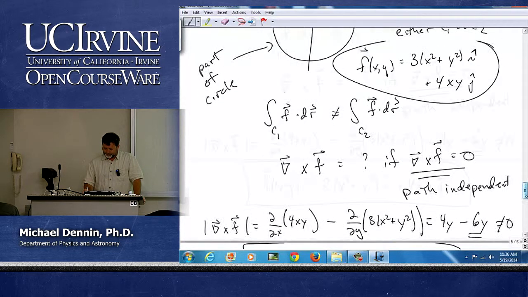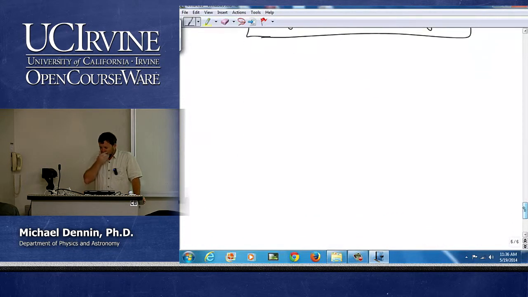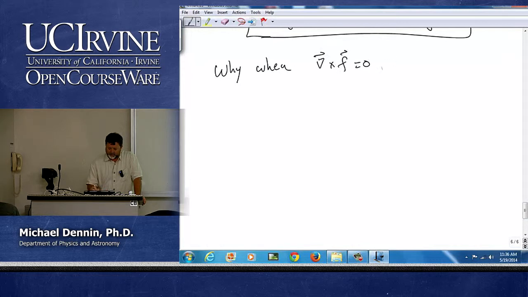Now, the big question therefore is why, when the curl of f equals 0, does the path not matter?